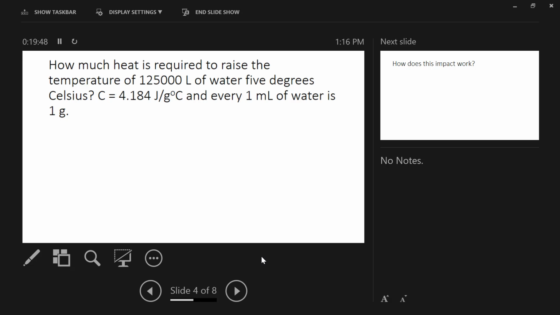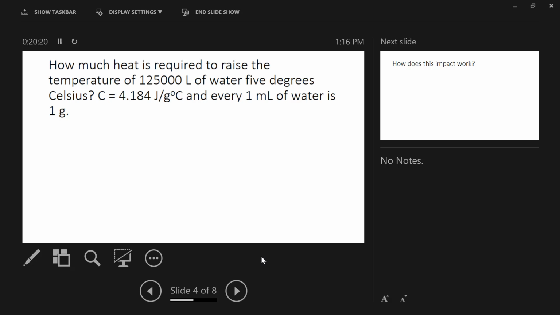But does this problem still give us mass? You better believe it does, because it gives us that the mass is equal to 125,000 liters times how many milliliters are in a liter? 1,000 milliliters in 1 liter times how many grams are in 1 milliliter? 1 gram per milliliter.